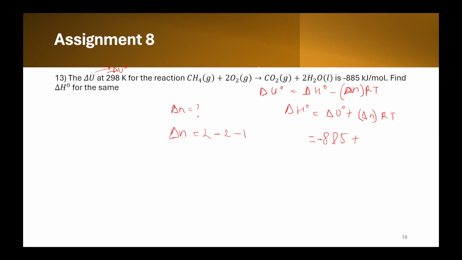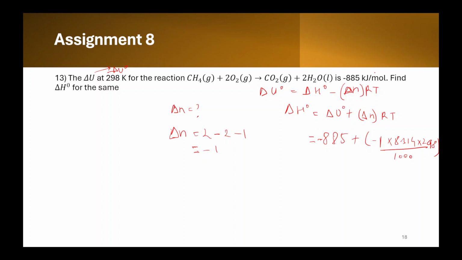So all gaseous components will only be considered here. So 2 minus 3 will be minus 1 delta n. So minus 1 into 8.314 into 298 divided by 1000 again, because this is in kilojoule.